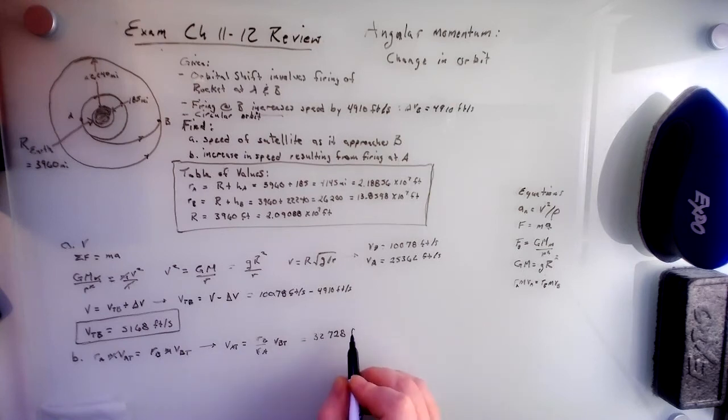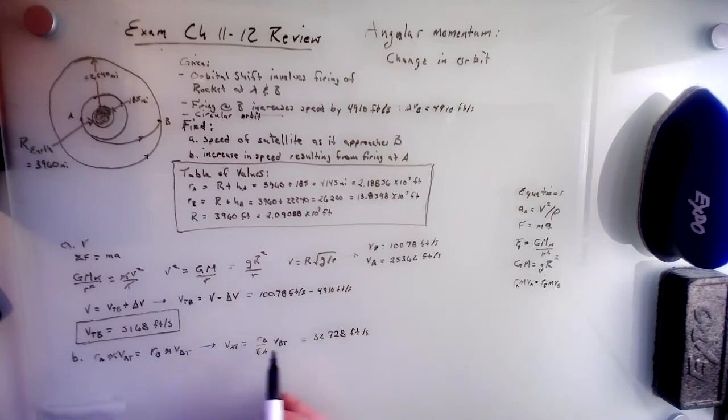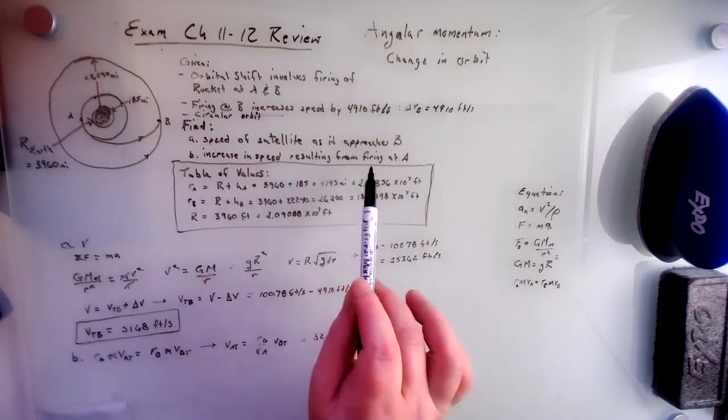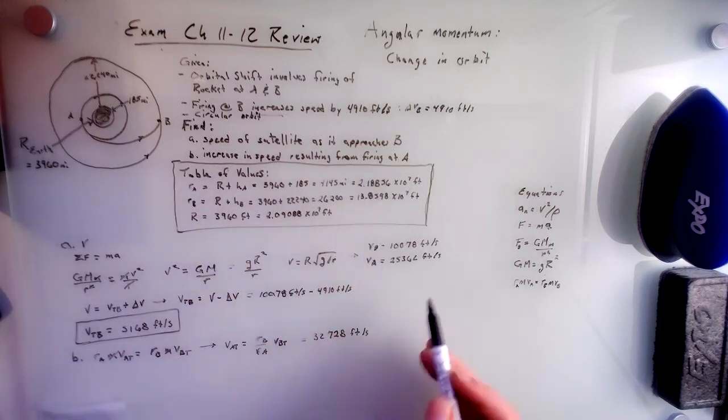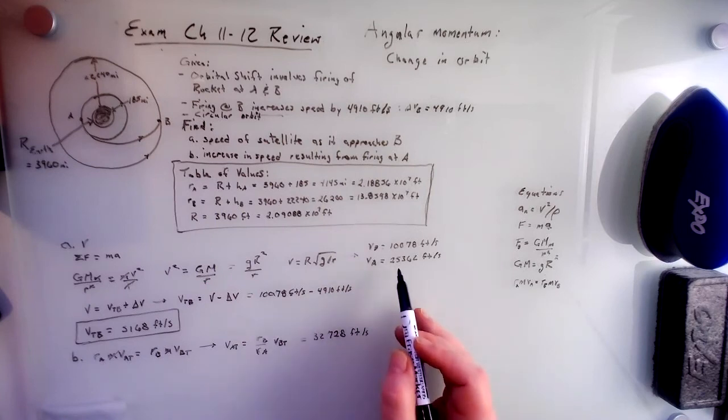So it lost a lot of speed. Okay, so this gives us the transfer speed, but we're not interested in the transfer speed. We're interested in the increase, right? So the increase is going to be the difference between these two, right?